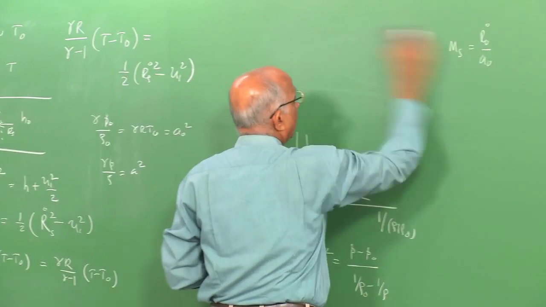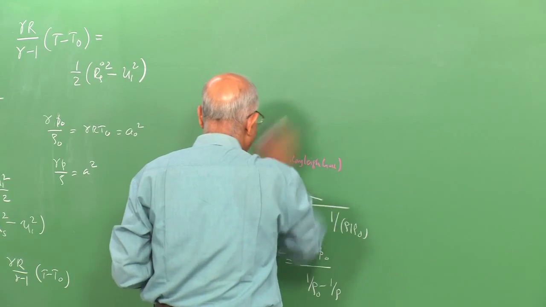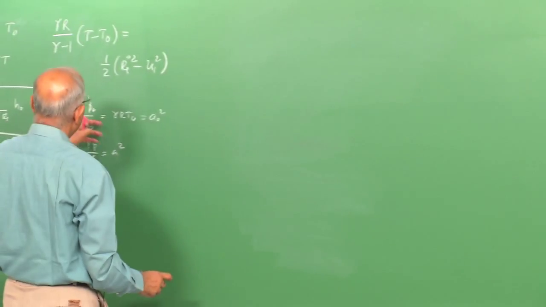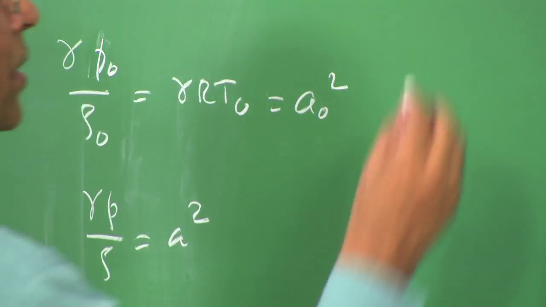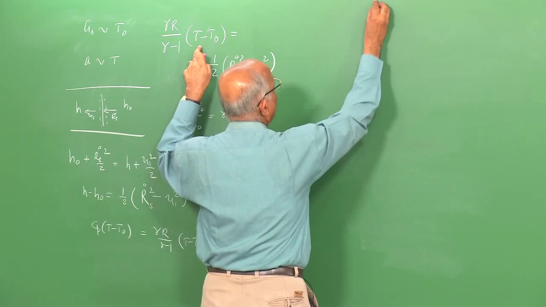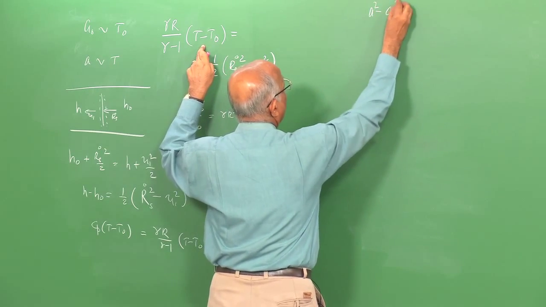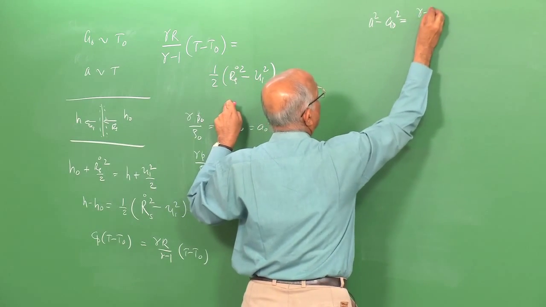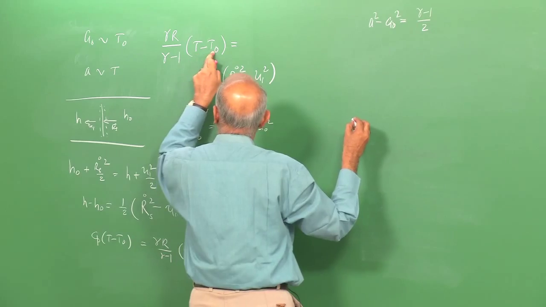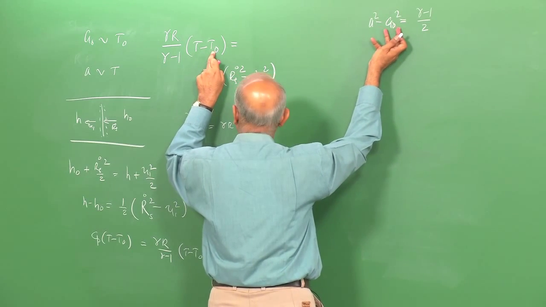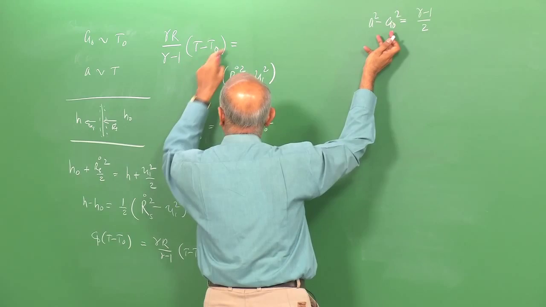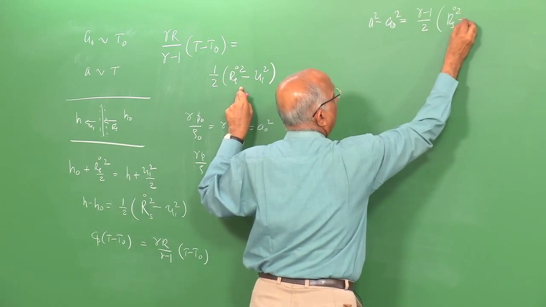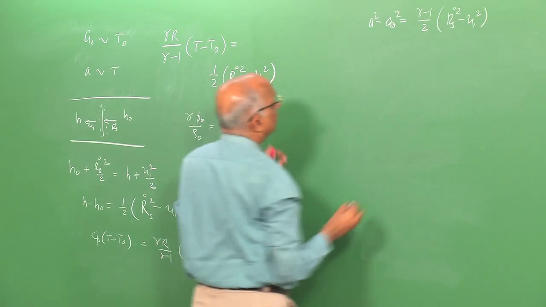Let me rub it out. We are not doing the shock Hugoniot now; we are trying to get an explicit relation between P by P0. Using these two relations, gamma R T minus gamma R T0 is equal to A squared minus A0 squared, which is equal to gamma minus 1 by 2 into Rs dot square minus u1 square.